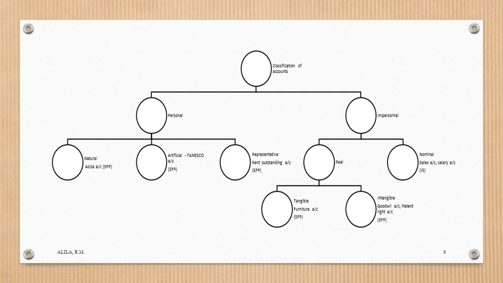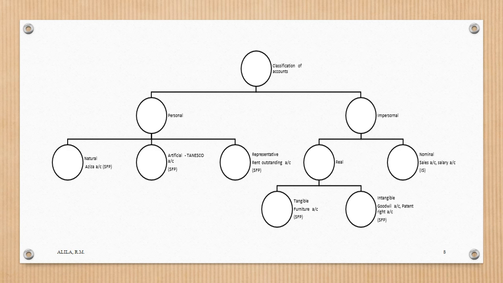So you have to identify, as you can see, when you classify accounts, we have personal and impersonal. These personal accounts have a natural person, and artificial, like a TANESCO account. All these are items of the statement of financial position.